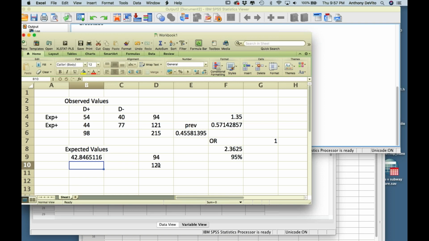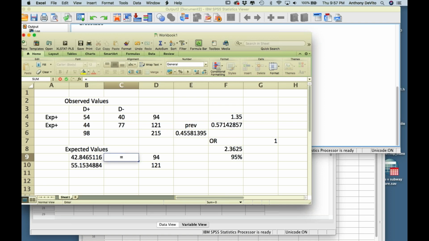Well, how about the 121 that don't smoke? Well, we would expect that 121 to be getting the disease at the same rate as everybody else, 45%. So we would expect, equals 121 times this value, the prevalence. We would expect a 55 in there.